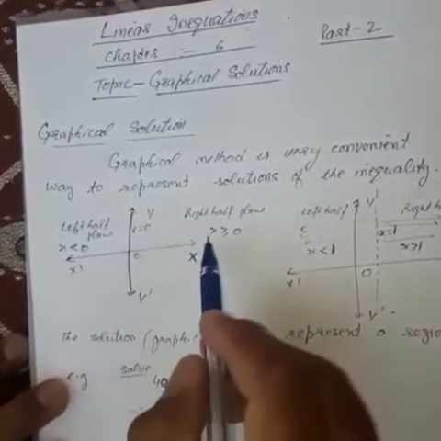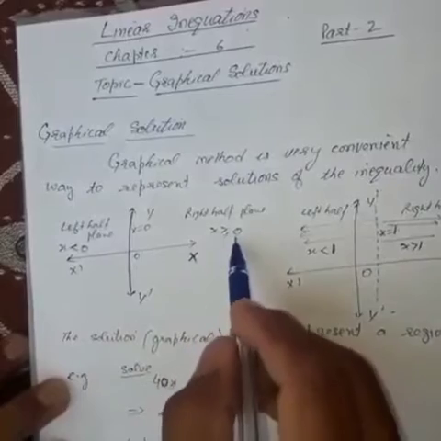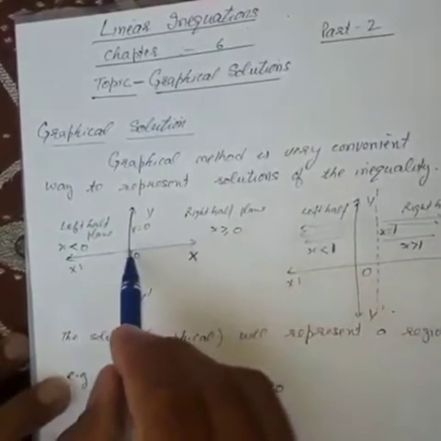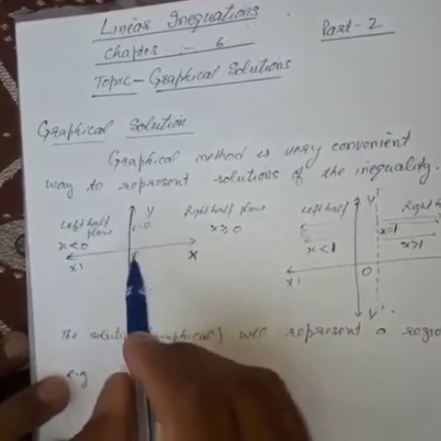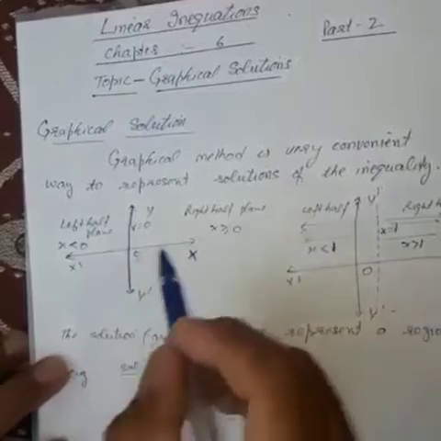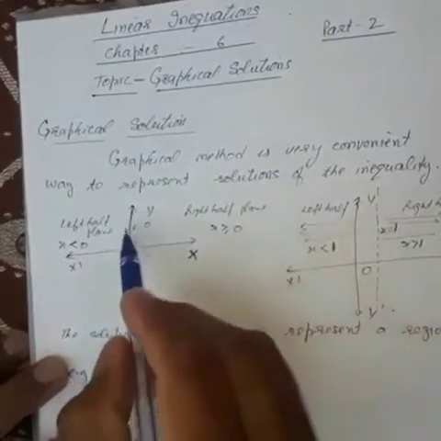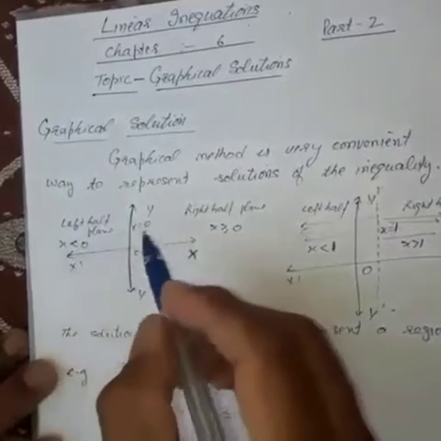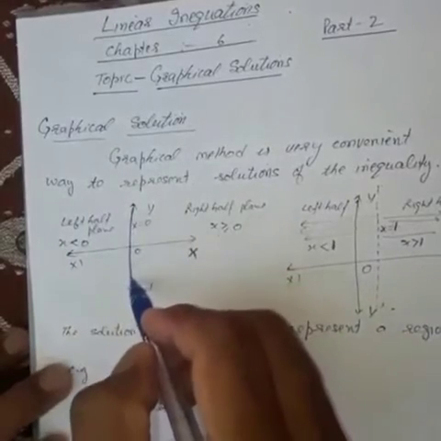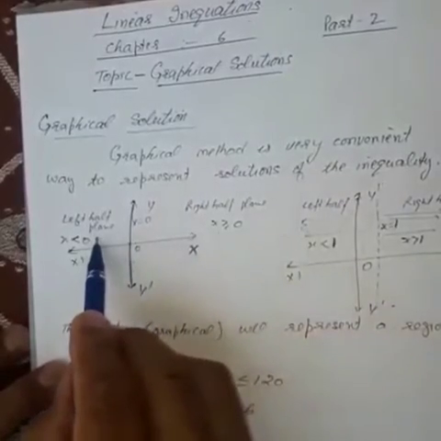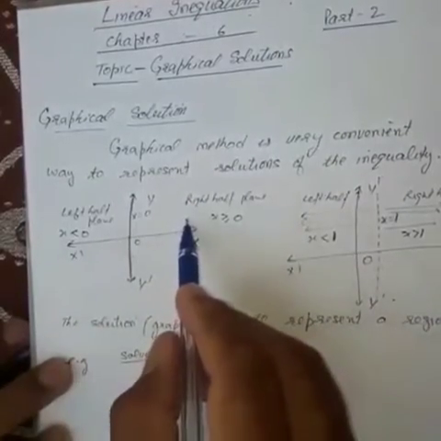Similarly, if you are selecting the value of x greater than or equal to 0, then we have to remain on the right hand side of this line, including this line, because it is greater than and equal to. So the values of x can be on the line also, but in this case x is less than 0, the value of x will not be on the line, it should be on the left hand side of the line. So this is the left half plane and this is called the right half plane.